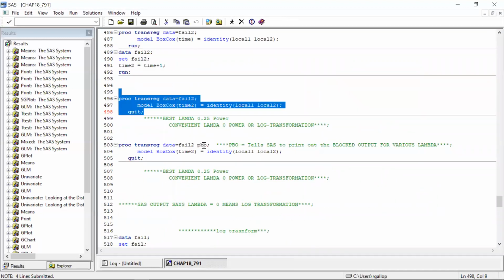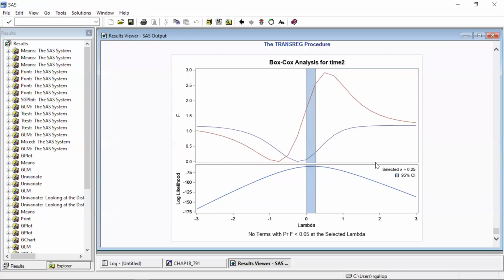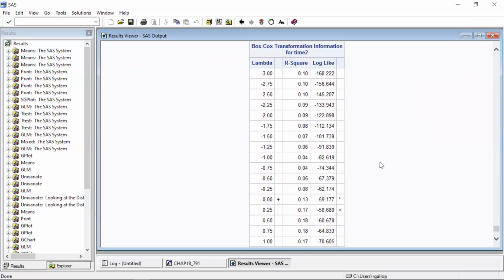In this case, I'm going to show you guys this. PBO extends the output we just saw and creates a block output, so it prints the block output for various lambdas. When I do this and look above, you'll see this table here.